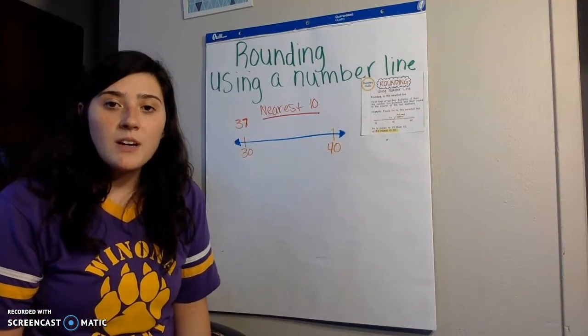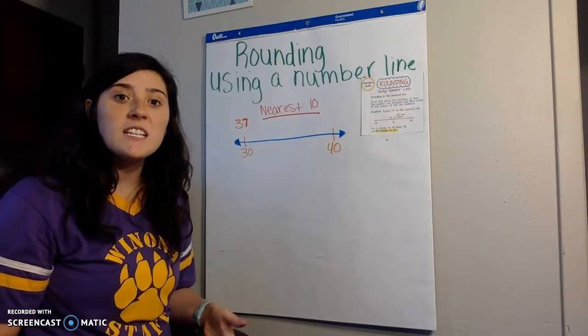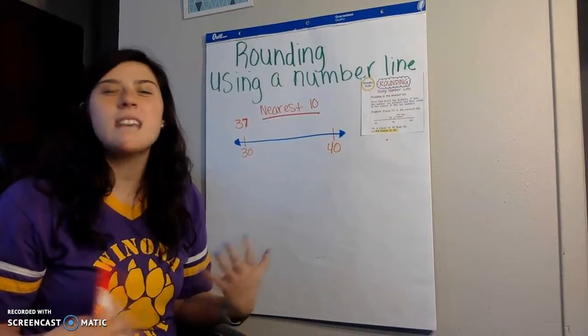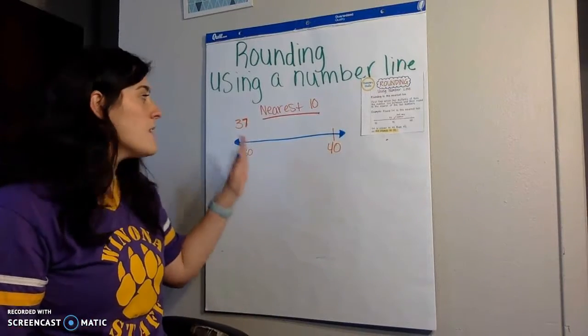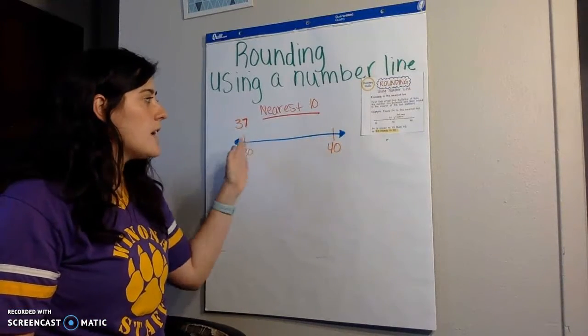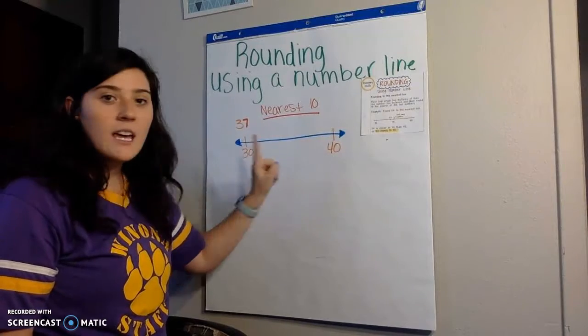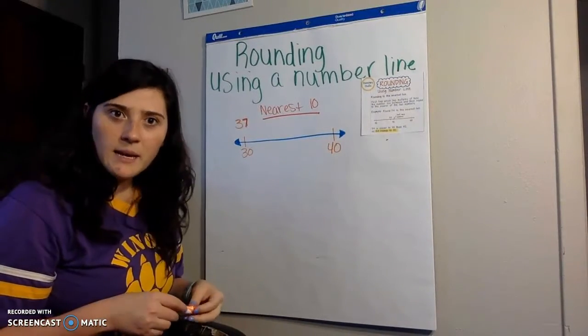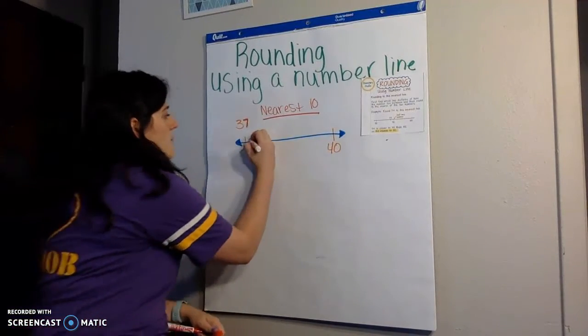My very next part in this step is to find my halfway mark. Well, what does halfway mean? Halfway, what's in the middle? What's the middle number between 30 and 40? Just to make this easy, I'm going to number each of them.